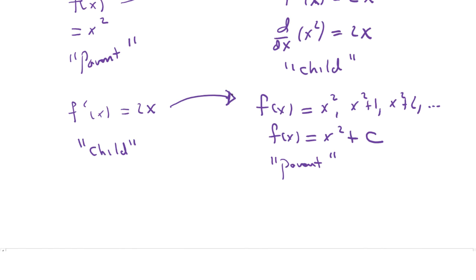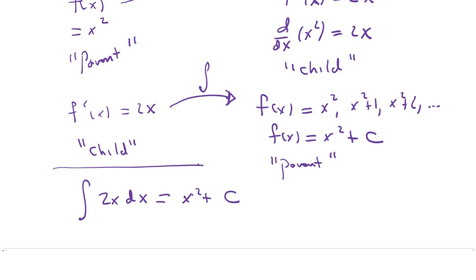We will say that the process by which the parent family is computed given a child function is called integration, and use the elongated s symbol for the operator, which looks like this. We will write the integral of 2x with respect to x is equal to x squared plus c to represent the family of parent functions of the function 2x.